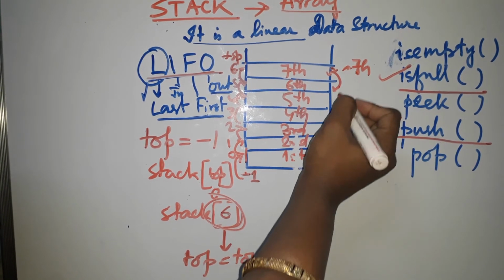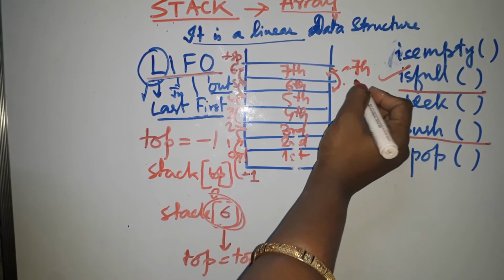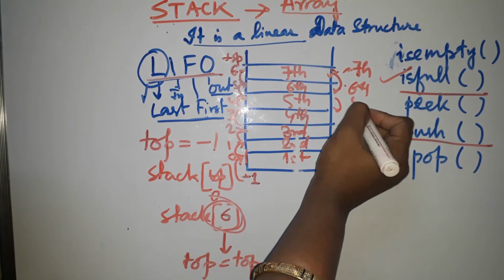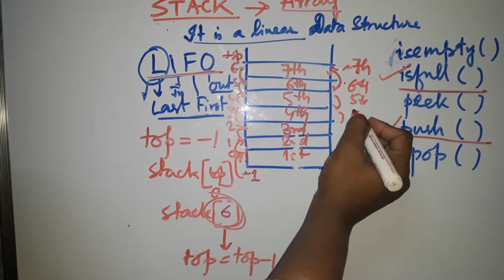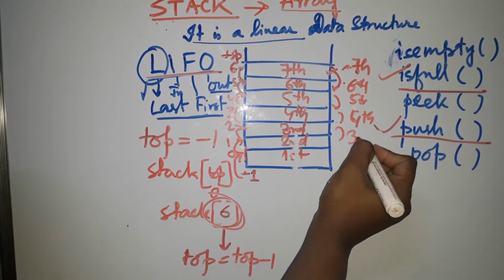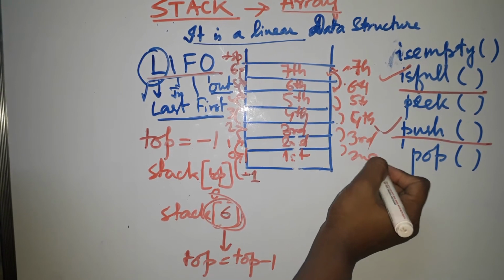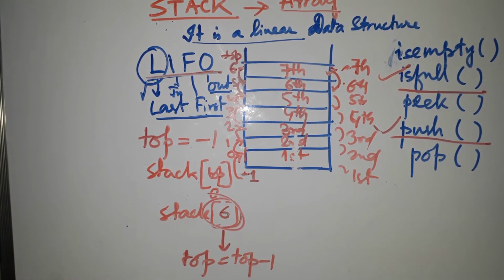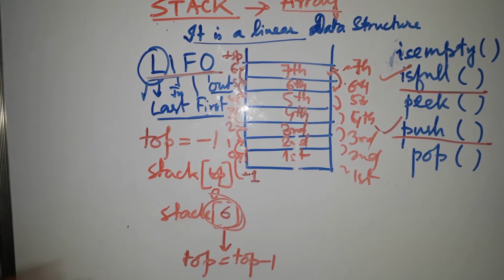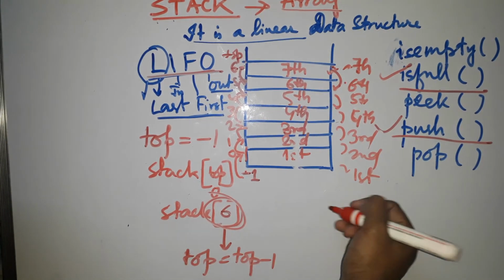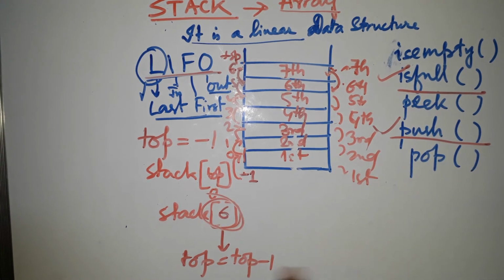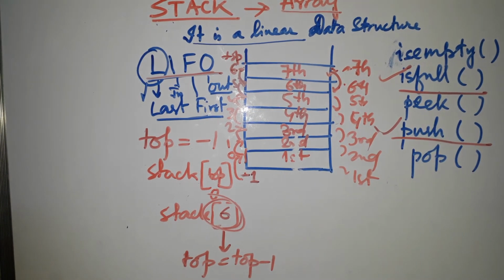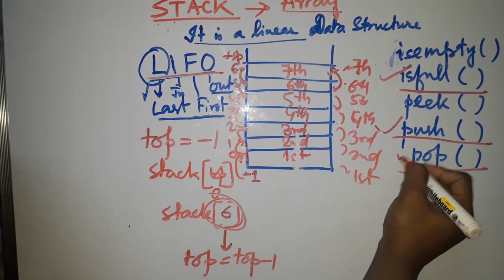Now, we decrease by 1 and it gives you the 6th. That way 5th, 4th, 3rd, 2nd, and the first value we are able to get. This operation, where top is decremented by 1 and we remove or access the data, is called the pop operation.